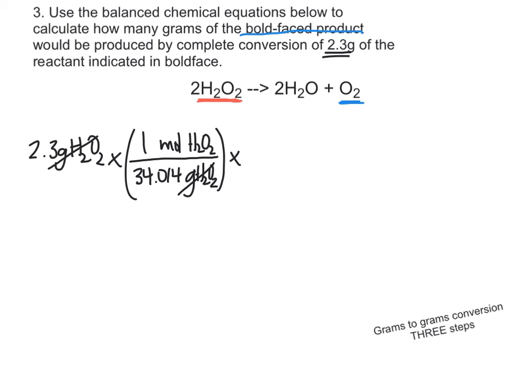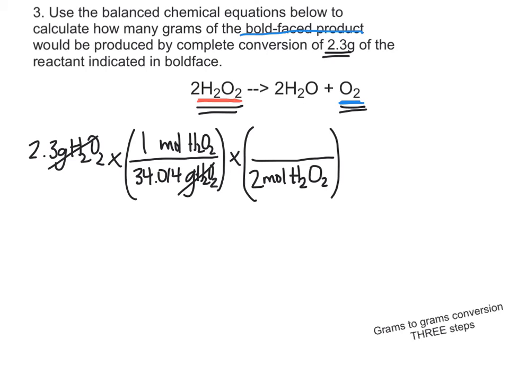Now, in my next step, I want to cancel moles of H2O2 and convert that to moles of O2, which is oxygen gas. So I'm going to use my mole ratio from my balanced chemical equation. Since I want to cancel moles of hydrogen peroxide, I'm going to put that on the bottom: 2 moles of hydrogen peroxide, or H2O2.